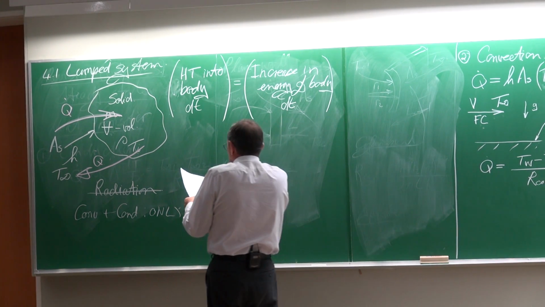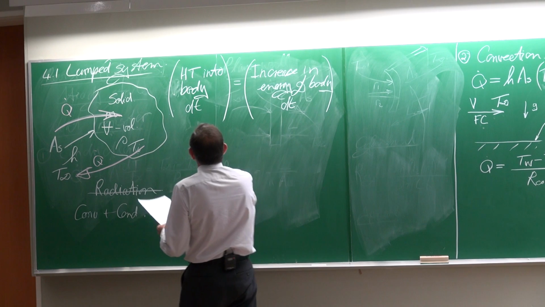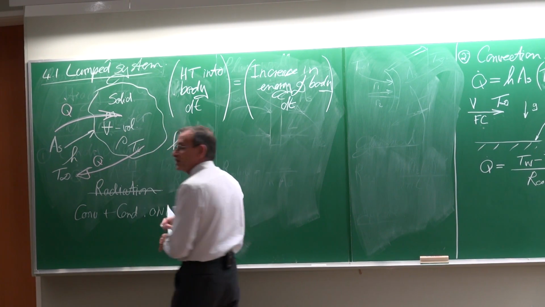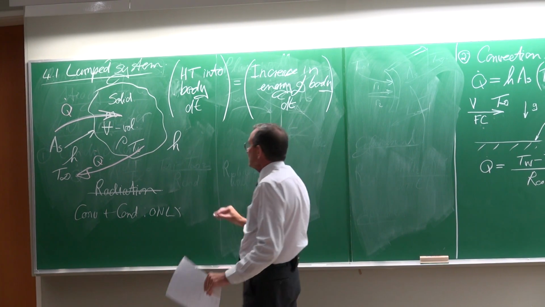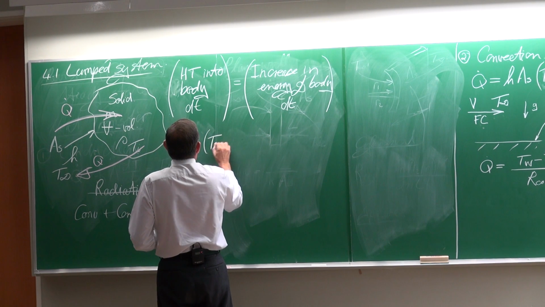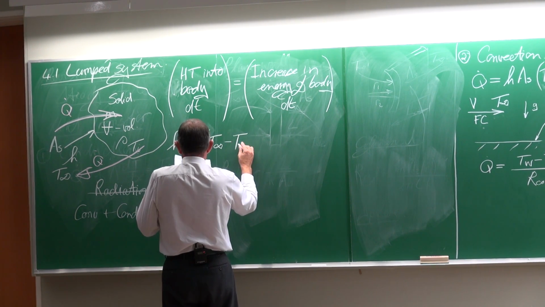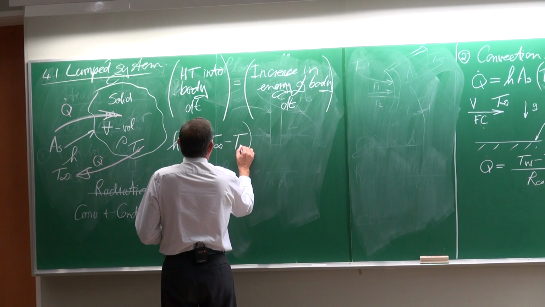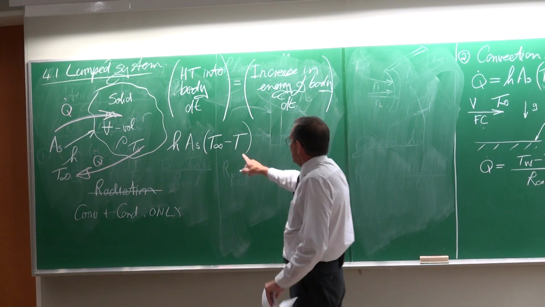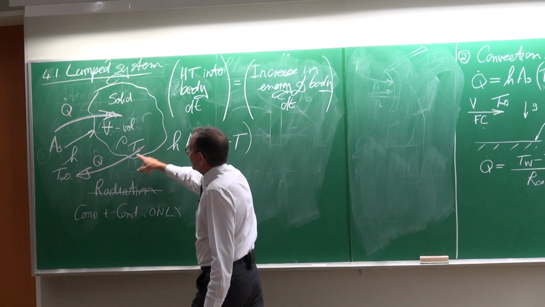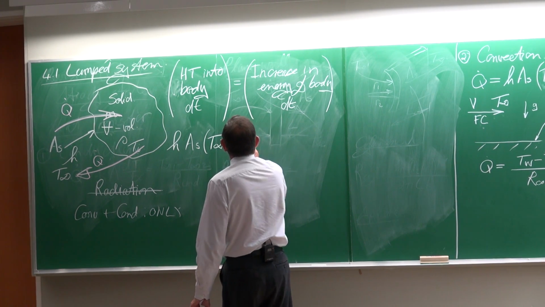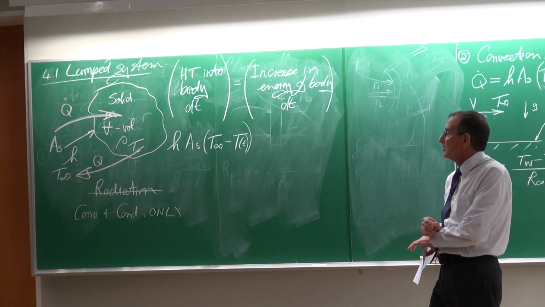So in terms of writing this now mathematically, we are going to say the heat transfer inside the body is convection heat transfer. So it is equal to the heat transfer coefficient multiplied by the surface area multiplied by T infinite minus T of the temperature of the body. Remember, this is not Ti or T infinite, it is T as a function of time at any period of time.